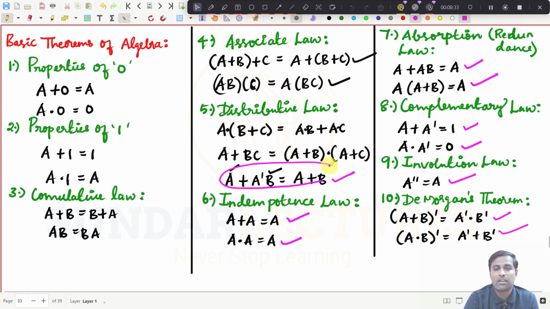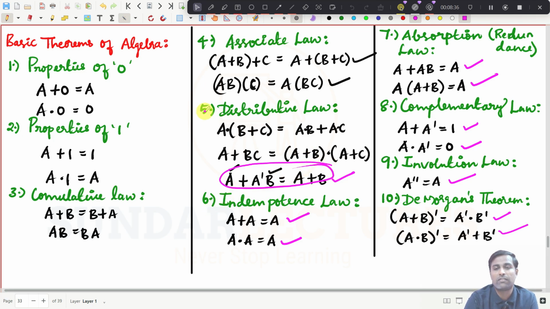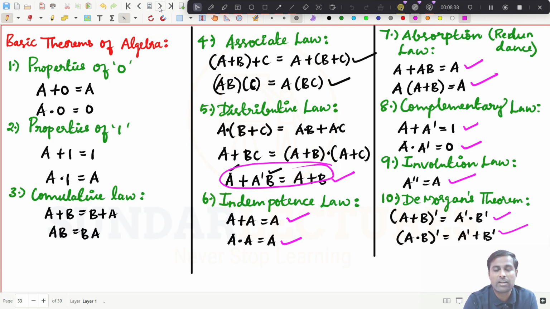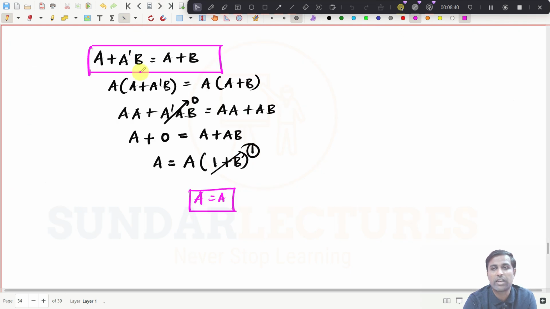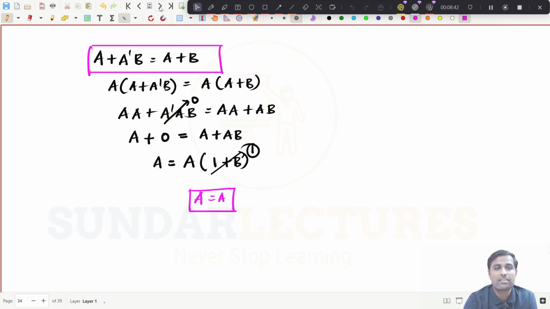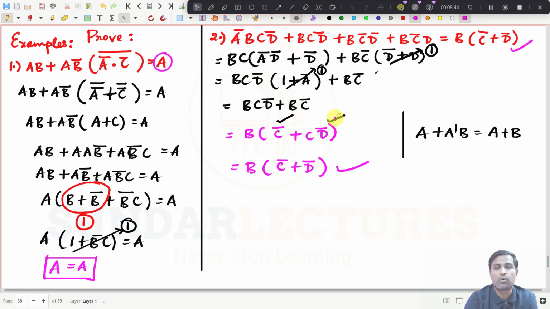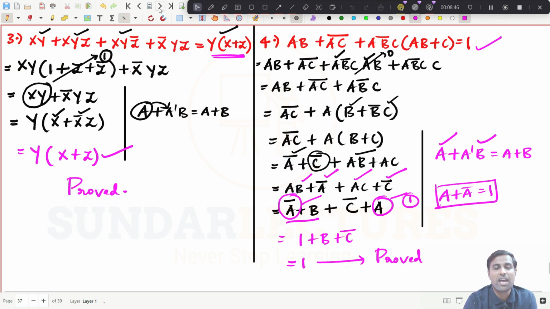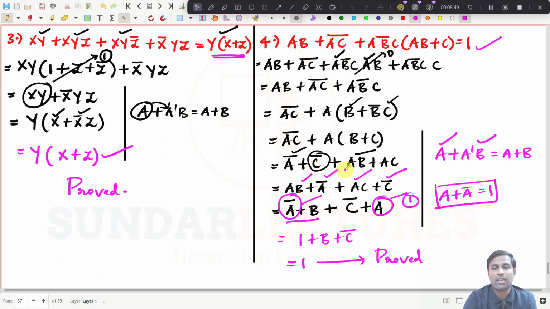This theorem will be very useful while solving the Boolean expressions, simplifying the Boolean expressions. And we have taken some example problems, right? So we have taken some example problems, and then we have proved all the left hand side to the right hand side, right? So we will see in the next class.